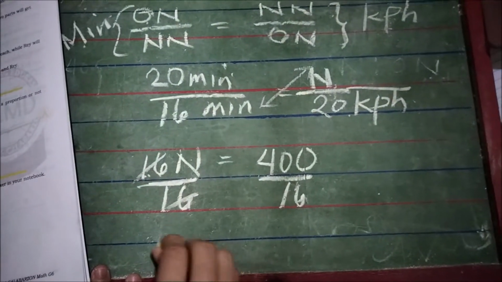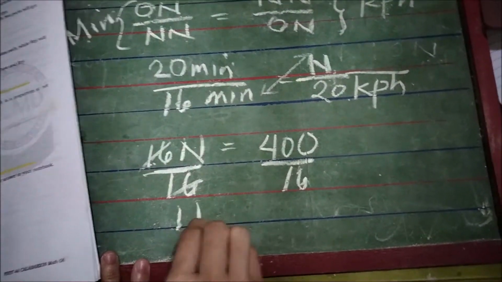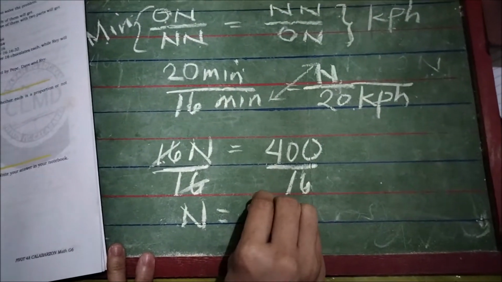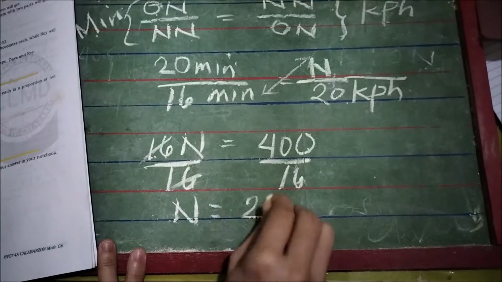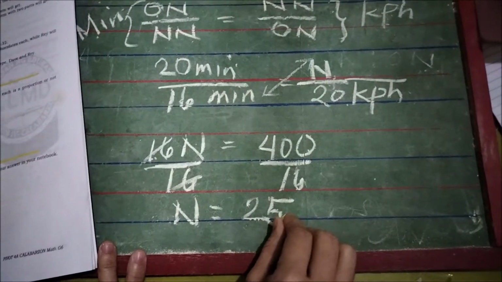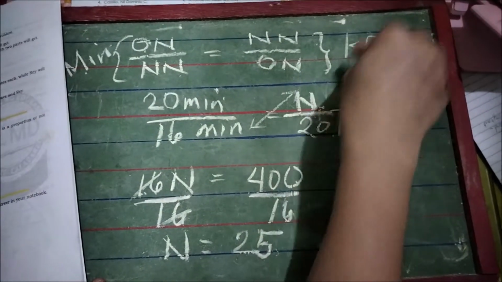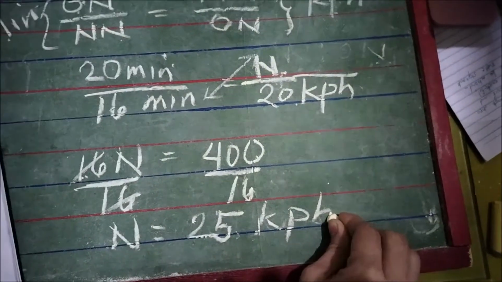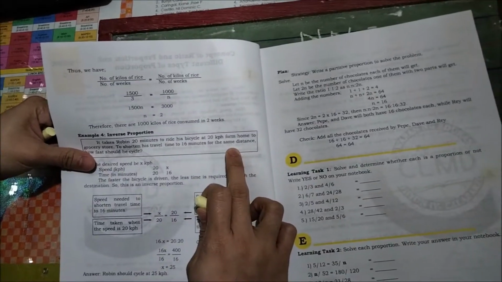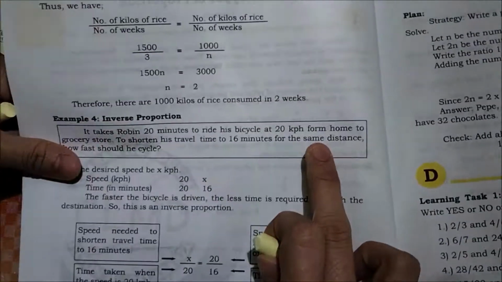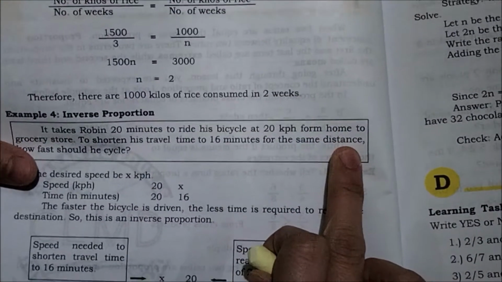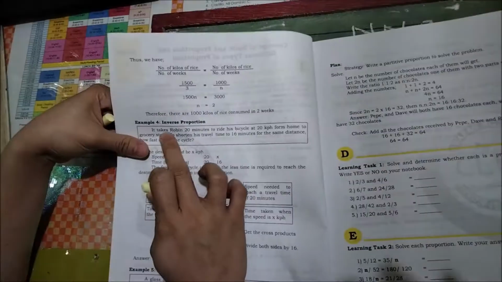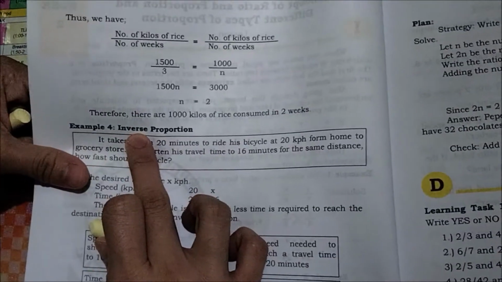So let us cancel. So n will be equal to 400 divided by 16 is 25. What will be the label of our 25? That will be kilometer per hour. So we have here again the word clue for indirect proportion. We have the same distance. Sometimes it is used for the same rate. So that is inverse or indirect proportion.